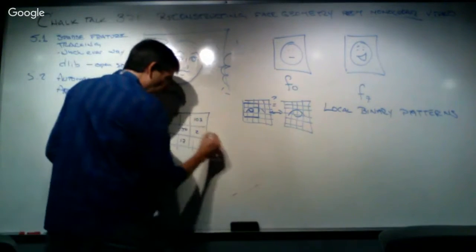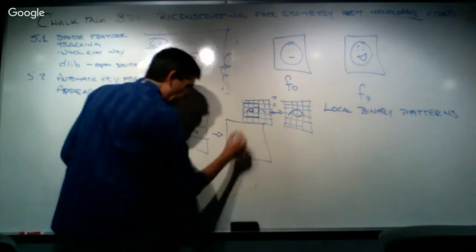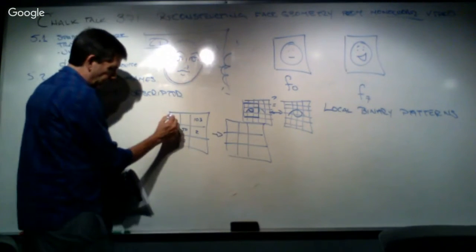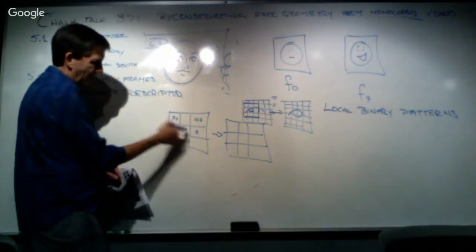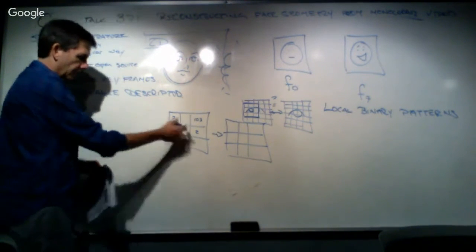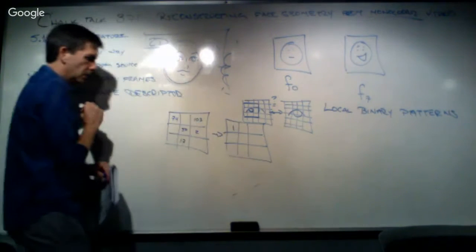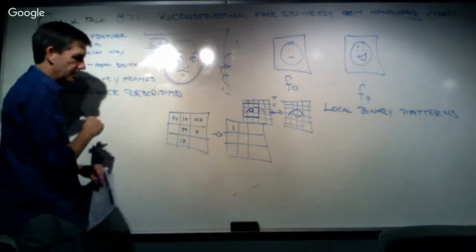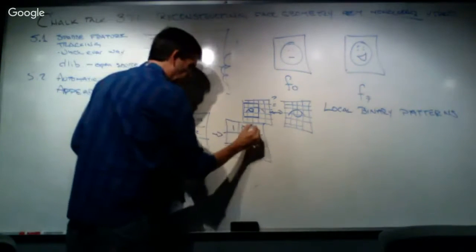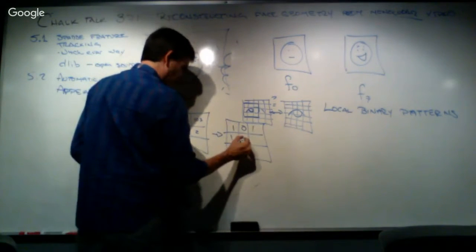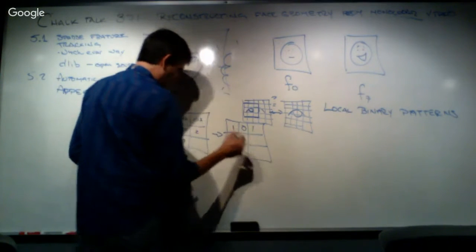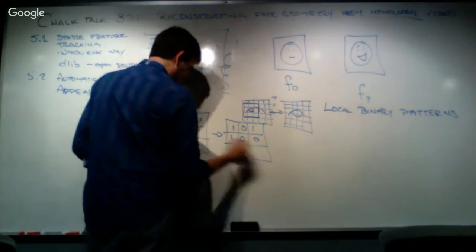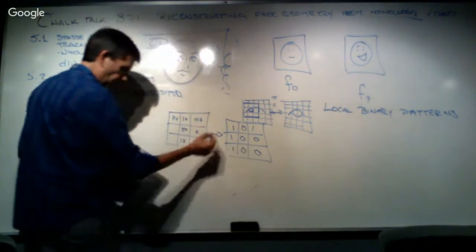Well, what we can do is first convert this into a binary image, where we say, is the value here, 74, bigger than the center pixel? If the value is bigger than the center pixel, put a 1. If the value, let's call this 10, is less than the center pixel, put a 0. And we just go through here, we'll make up a number there. This one doesn't matter, I think they always make the 0 in the center. 0, 0, we'll go 1, and 0, whatever values we fit in there.